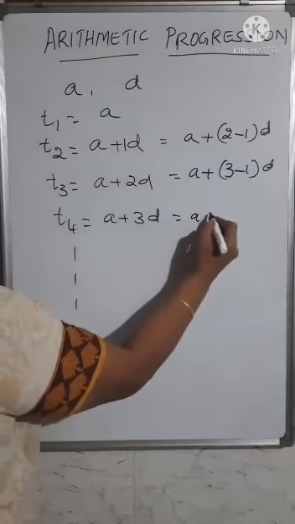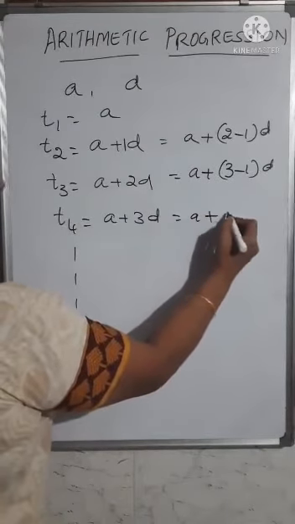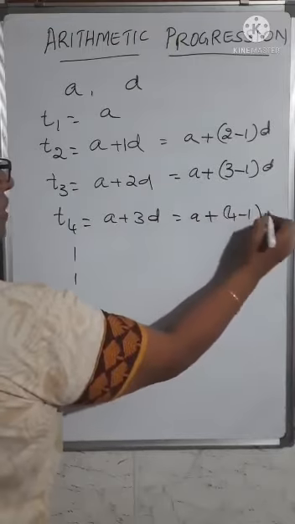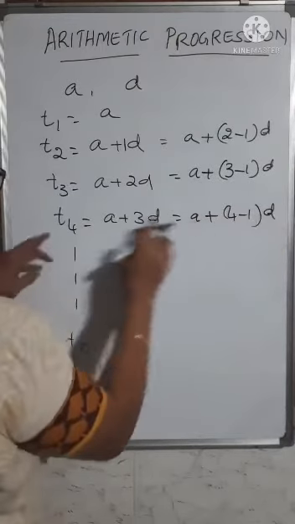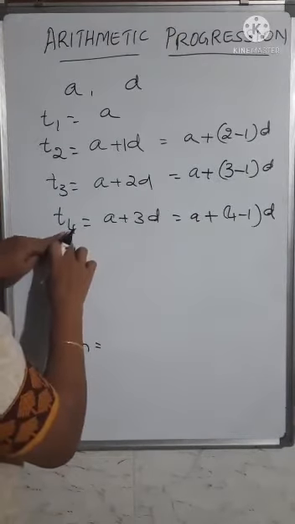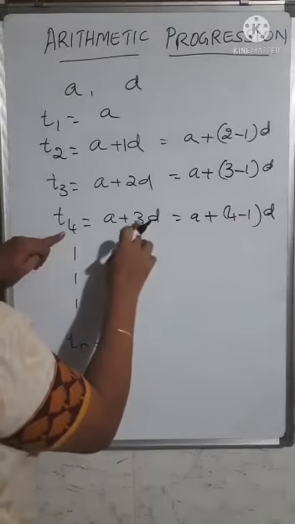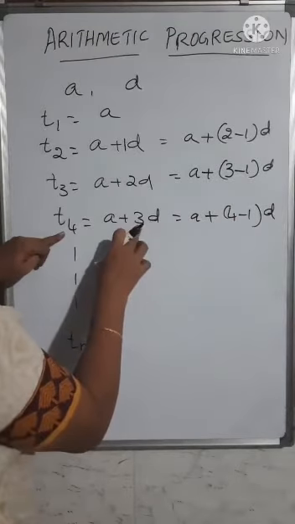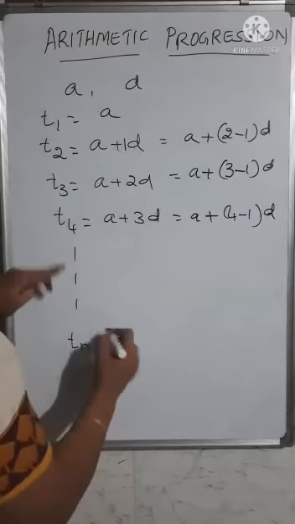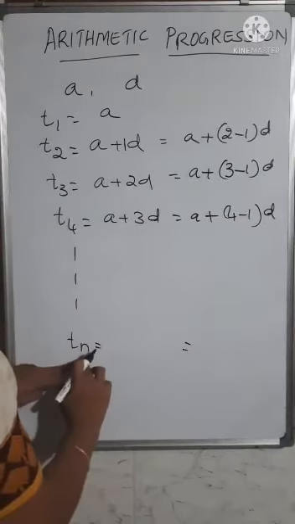The next one is A plus 4 minus 1 into D. So the fourth term is 4 minus 1, which is 3D.